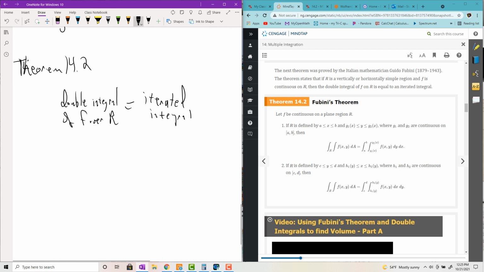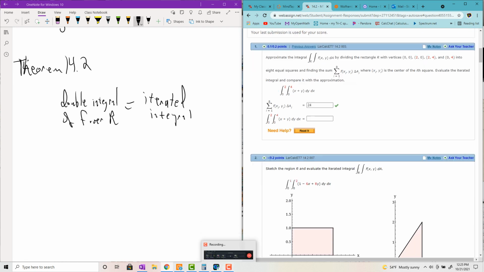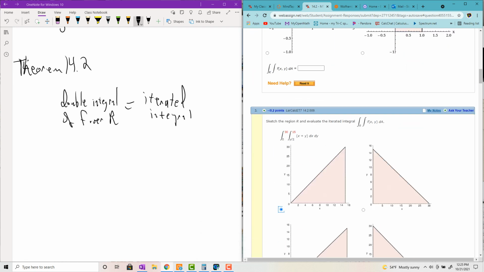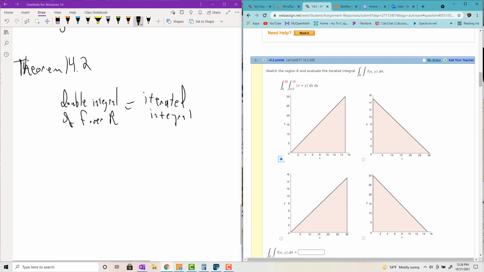Okay, from there they're just going to look at a bunch of kind of random problems in the exercises. It works basically the way the iterated integrals work. You set up the limits on your integrals based off of whatever region you're integrating over, and then the surface you just kind of spackle into the integrand.